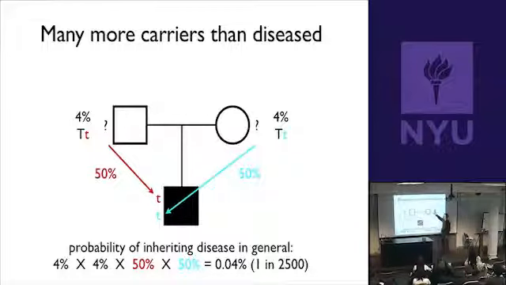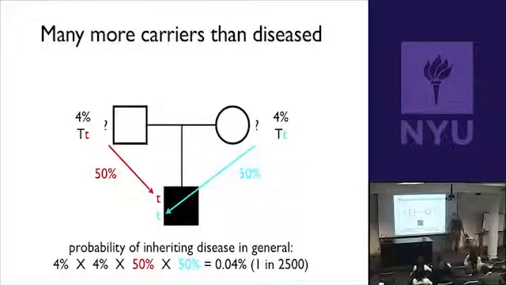If either one of these parents is not a carrier, there's no way this child can get the disease. So the way we figure out the population frequency of the disease is we take 50% times 50%, and we also multiply 4% and 4%. That's what's down here: 4%, 4%, 50%, 50%. That gives you 0.04%, or 1 in 2,500.